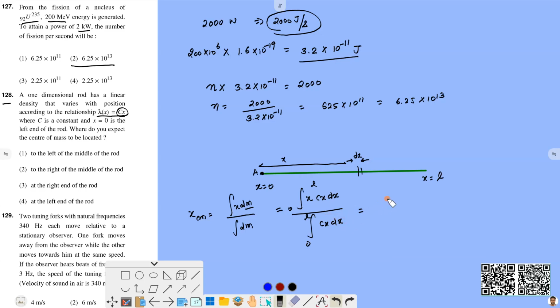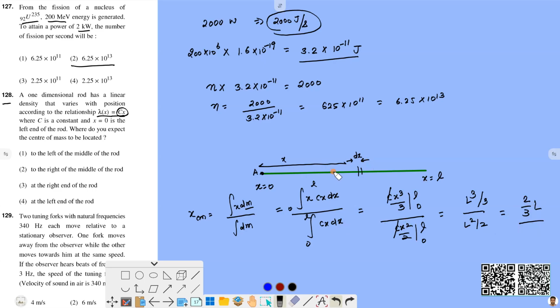So this will give us c x cube by 3 with limits 0 to L, and on the denominator side we will have c x square by 2 with limits 0 to L. And c will get cancelled. We will not cancel x cube and x square because we have to substitute the limits first, and that will become L cube by 3 divided by L square by 2, and from that we will get 2 by 3 of L. It means center of mass will lie at 2 by 3 of L.